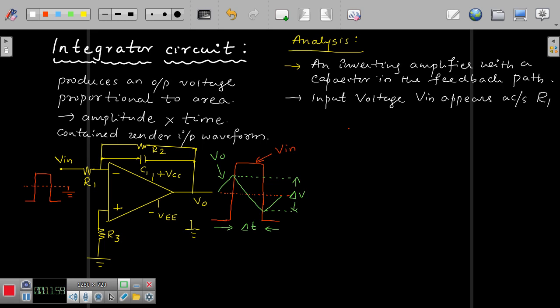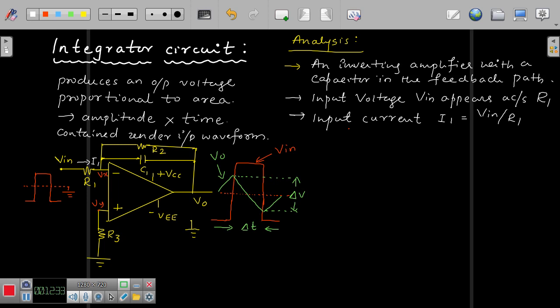So therefore the input current, here I take this as the input current I1, is equal to Vi in divided by R1. Again we will take the virtual ground concept here. This is Vx, this is Vy. So Vx and Vy are 0 by the virtual ground concept. So therefore we will have I1 equals V in divided by R1, right.